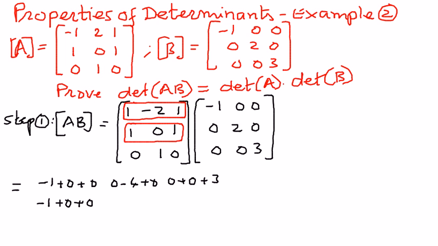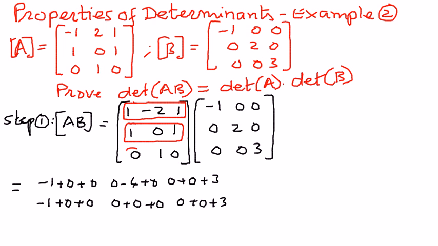And then second column, 1 times 0 is 0, plus 0 times 2 is 0, plus 1 times 0 is 0. And then multiply that by the third column. 1 times 0 is 0, 0 times 0 is 0, and then 1 times 3 is 3. So we got the second row elements done.